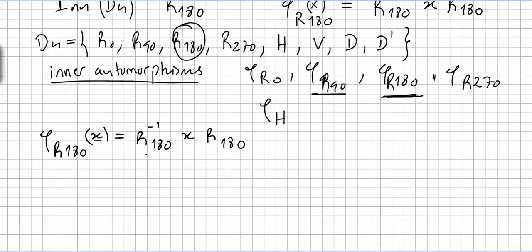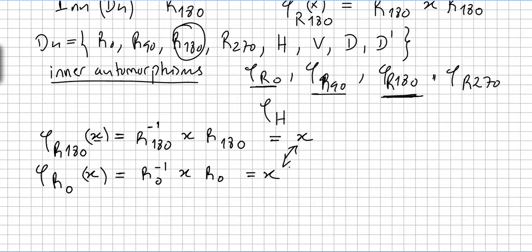So we rotate to the left, times x, times rotation to the right. So this will be x, right? Now let us do this one too: phi of the identity rotation, 0 degrees rotation. That will be 0 degrees rotation to the left, x, 0 degrees rotation to the right. Oh, but that's x too. So you see, these two are equal.